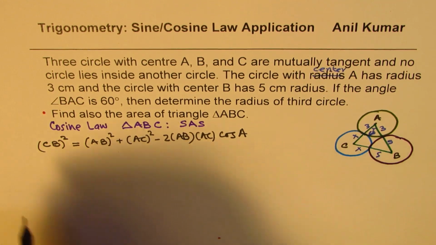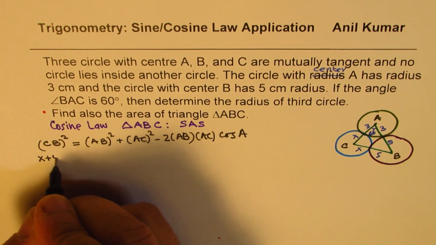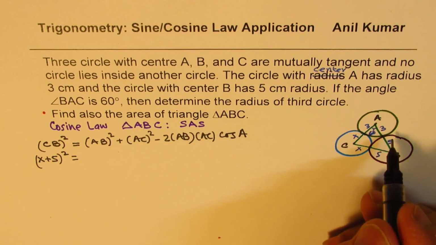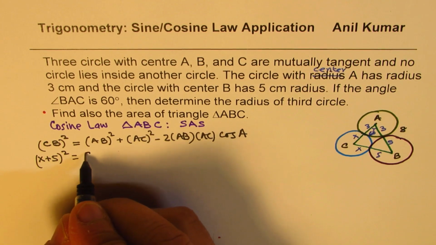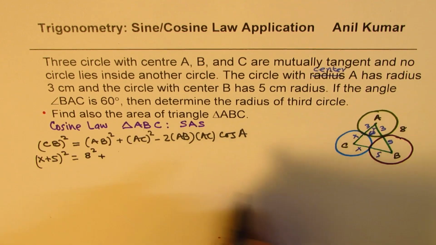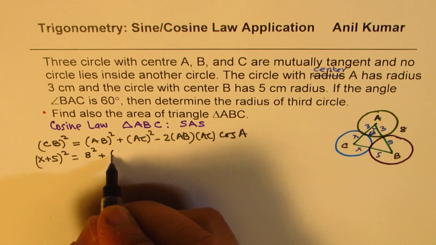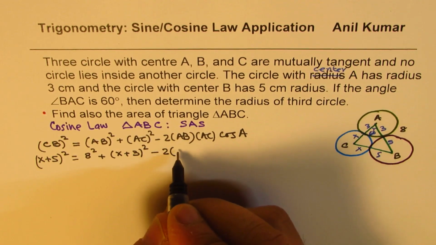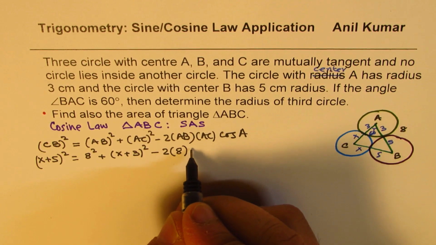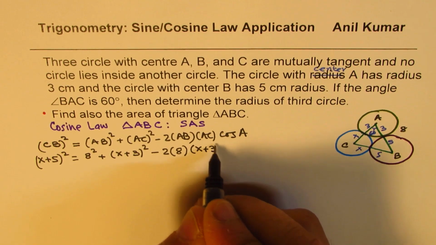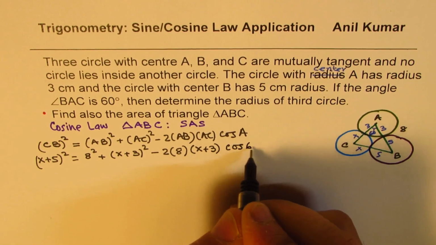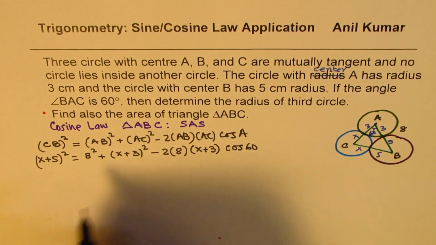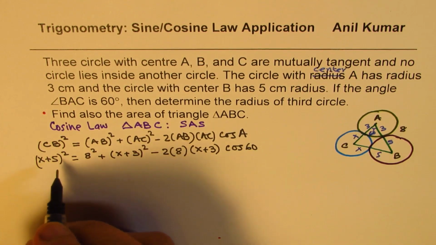CB is x plus 5. So we can write this as (x plus 5) whole square equals AB, which is 5 plus 3, which is 8, so it is 8 square, which is 64, plus AC square, which is (x plus 3) square, minus 2 times 8 times (x plus 3) times cos of 60 degrees. Cos of 60 degrees is half, right? So let's expand all this.